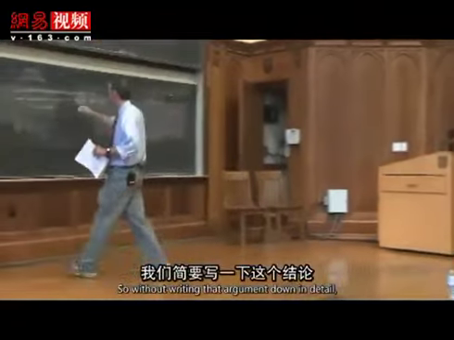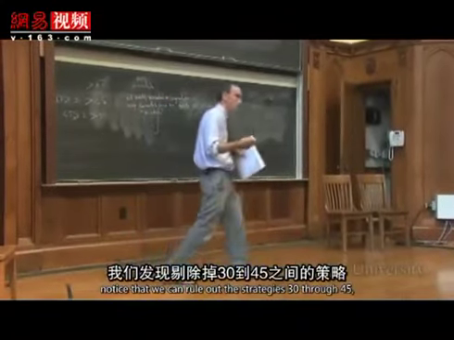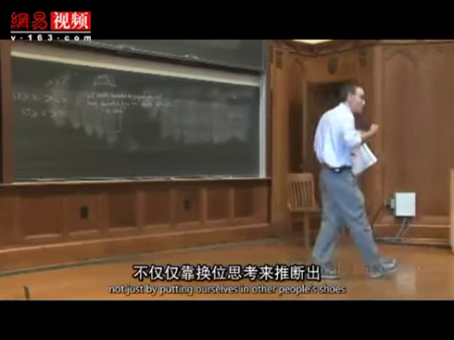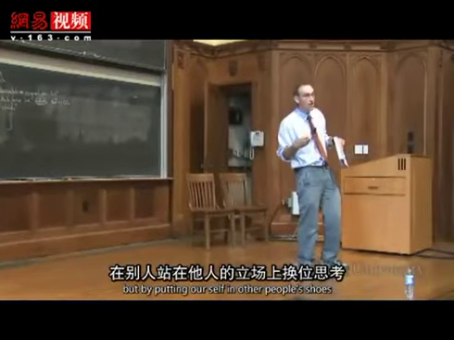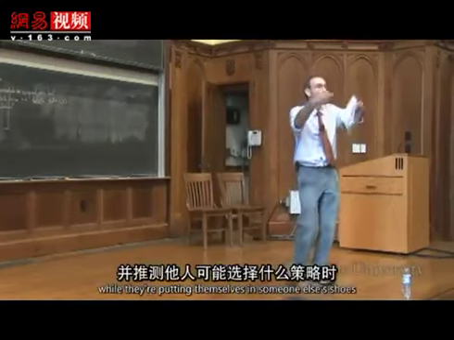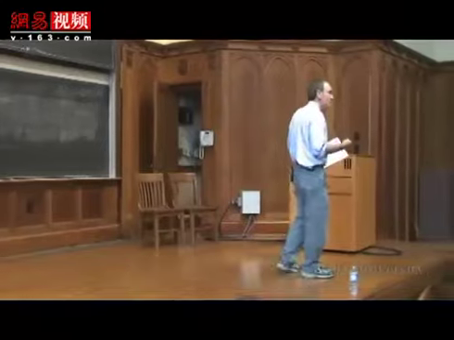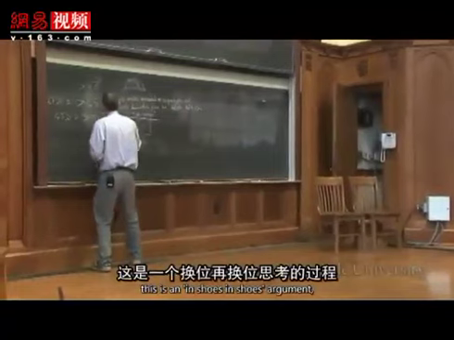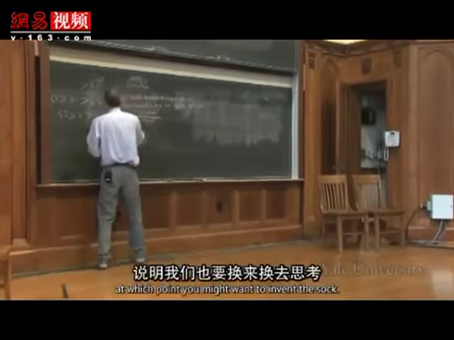So without writing that argument down in detail, notice that we can rule out the strategies 30 through 45 not by just examining our own payoffs, not just by putting ourselves in other people's shoes and realizing they're not going to choose a dominated strategy, but by putting ourselves in other people's shoes while they are putting themselves in someone else's shoes and figuring out what they're going to do. So this is an in-shoes argument. At which point you might want to invent the sock.